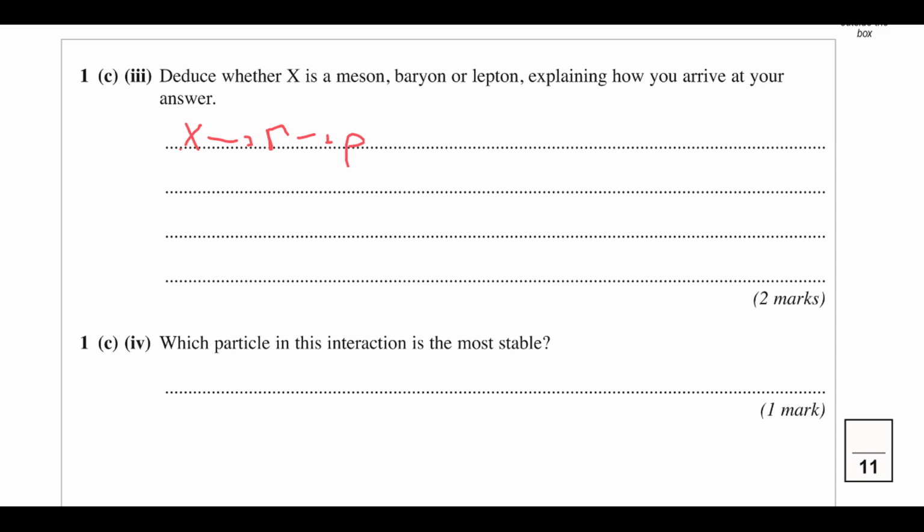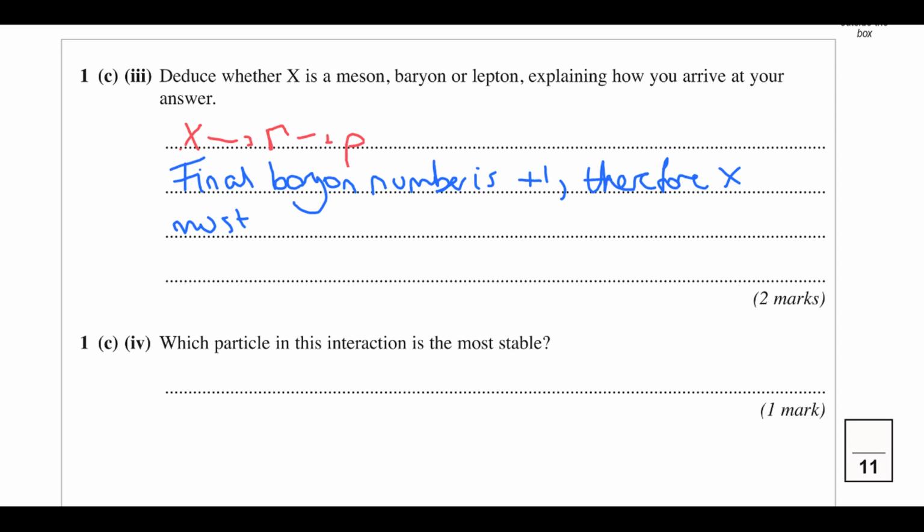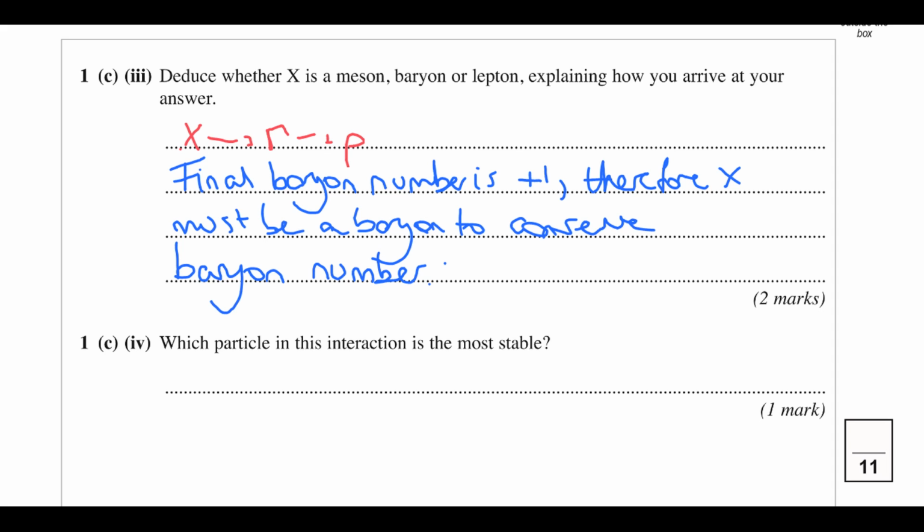The baryon number is +1, therefore X must be a baryon, to conserve baryon number, which is something that is always conserved in all interactions.